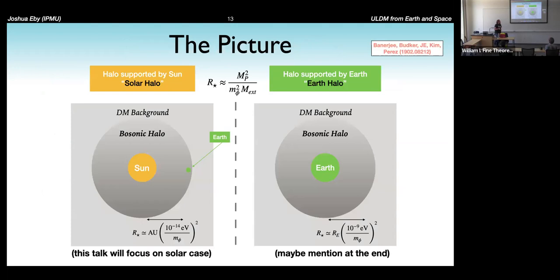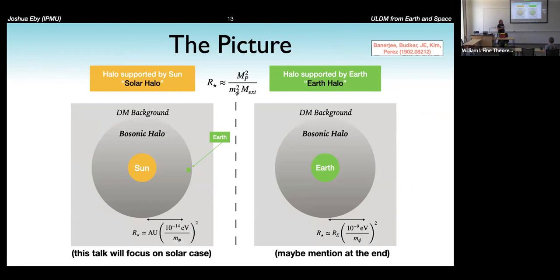So the picture that I'm advocating here is something like the following. In addition to the usual dark matter background that is dictated by galaxy scale dynamics and virialization of the dark matter field and so on, there can be bound states around astrophysical objects whose size is essentially determined by the host object and the particle mass.